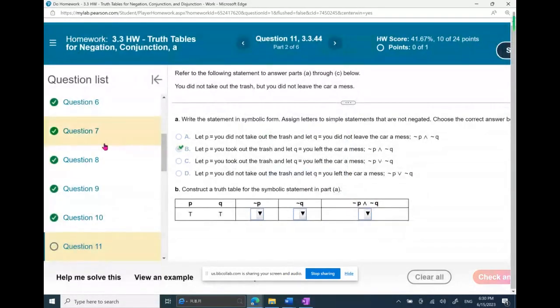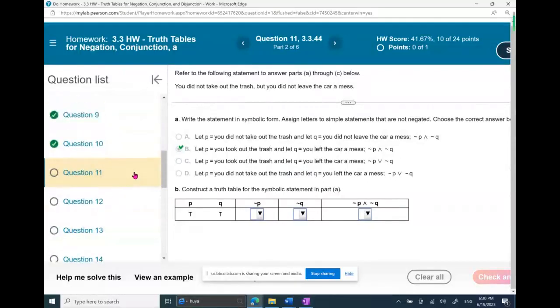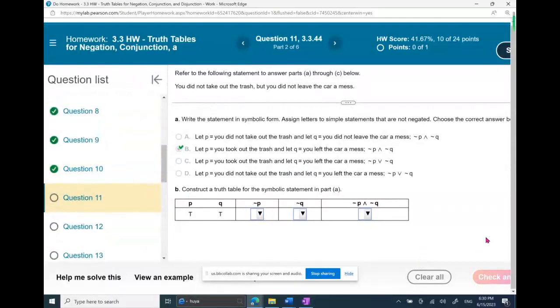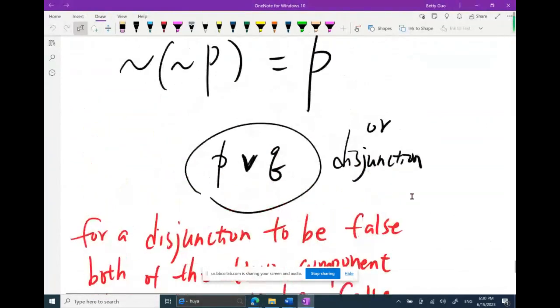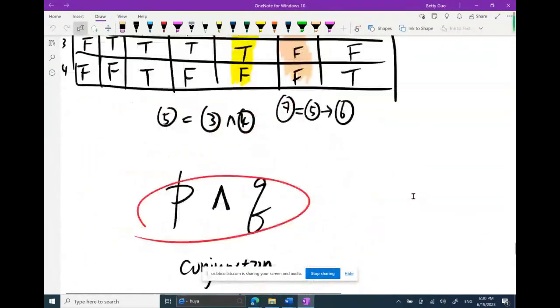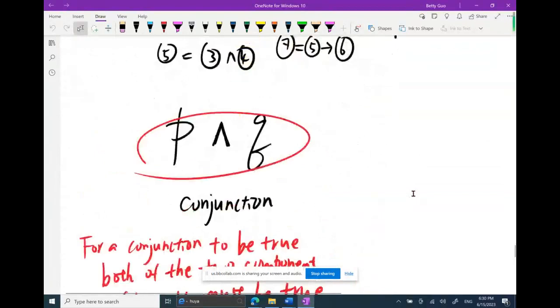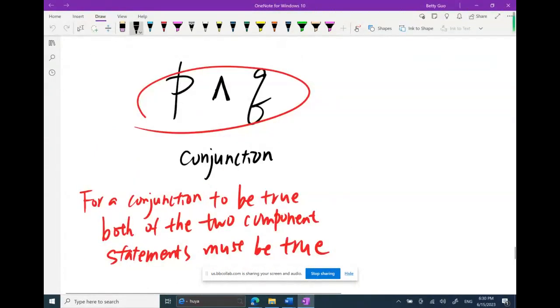So let me see how many questions are in this. 24. And it's already 30 minutes. I'm thinking you probably could do the following because we already covered the basics. We have negation, and negation is very straightforward.